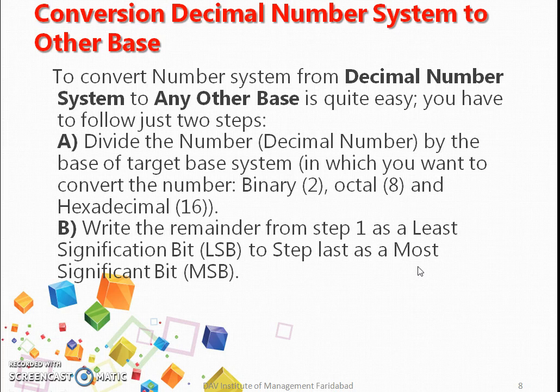Next is the conversion of decimal number system to other base. The other base can be any base, that is, it can be binary, it can be octal, it can be hexadecimal. So there are two steps to convert a decimal number system into any other base. The first step is divide the number by the base of the target base system, and I'll give an example.